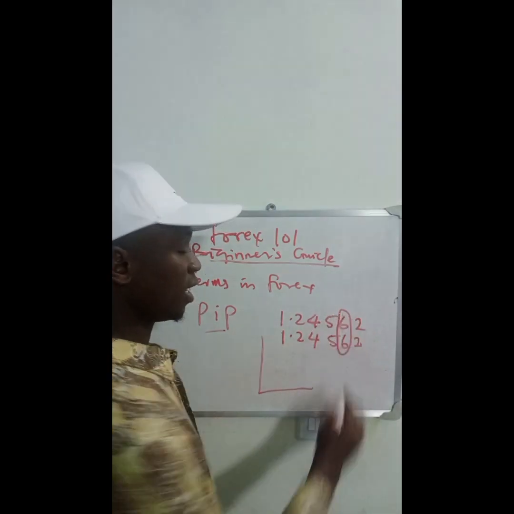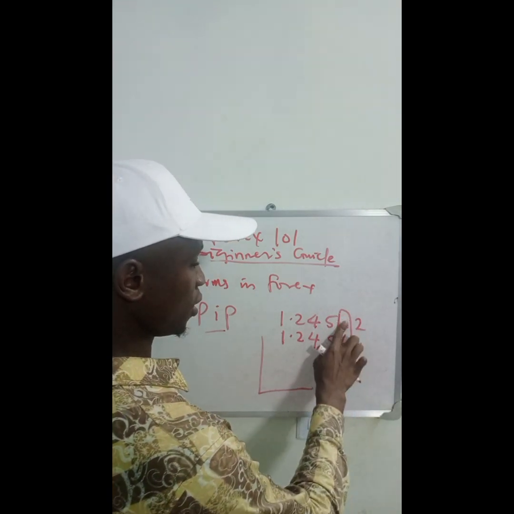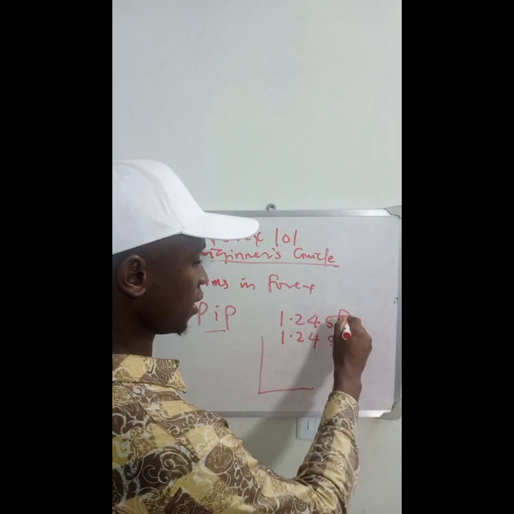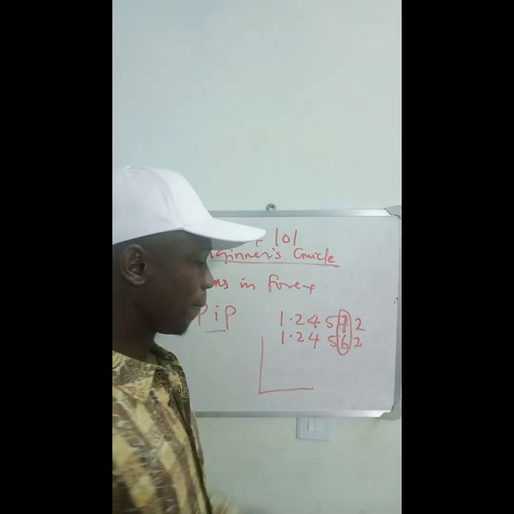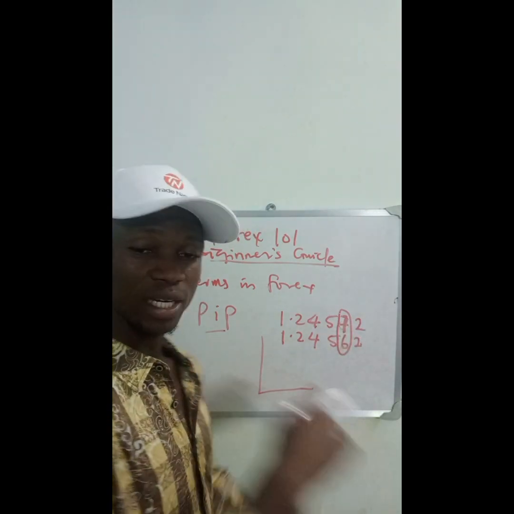This value here, if it changes from 6 to 7, it has added 1 pip. If this changes from 6 to 7, it has added 1 pip.